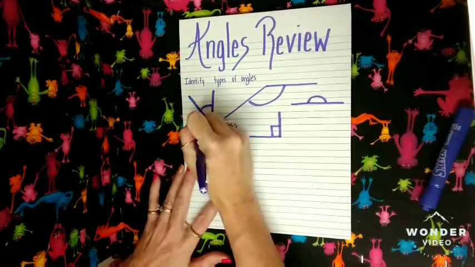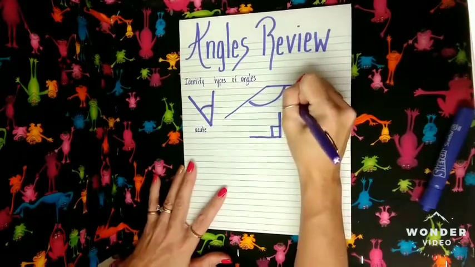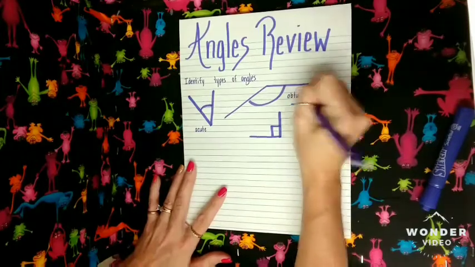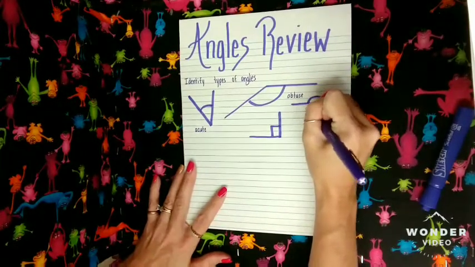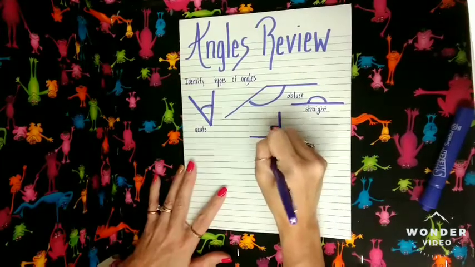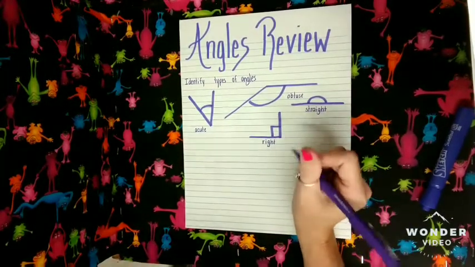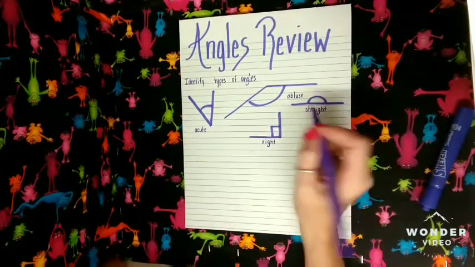Let me write that here. Acute, obtuse, straight, and right angle. All right, so that's the first thing that they'll have to be able to do. They need to be able to describe these angles.